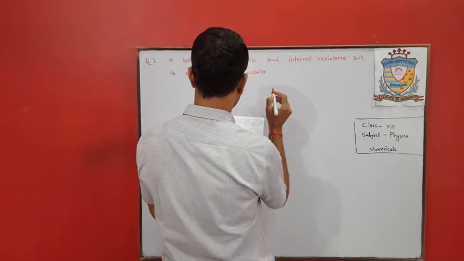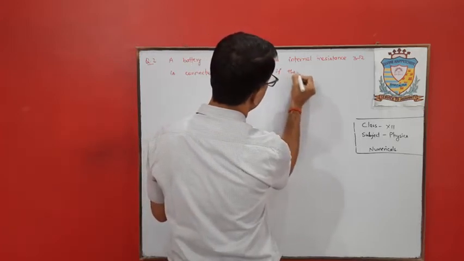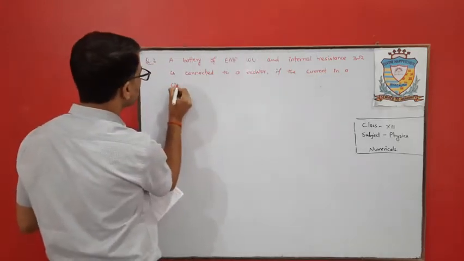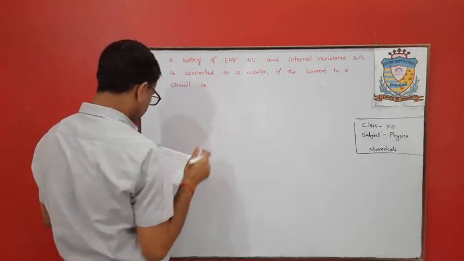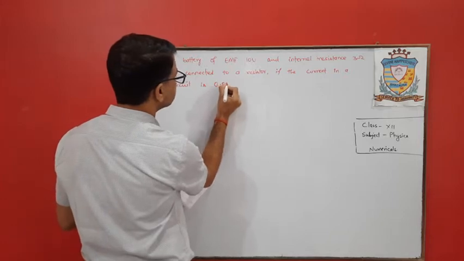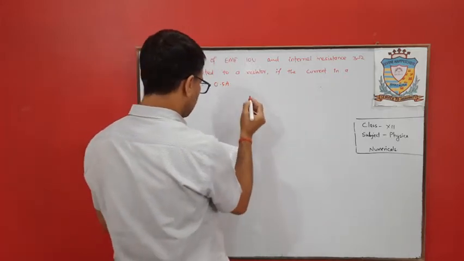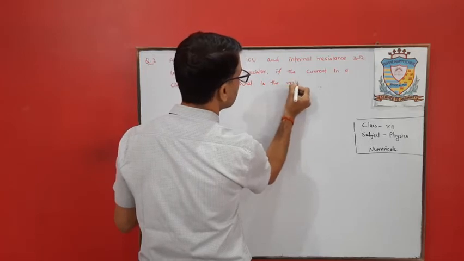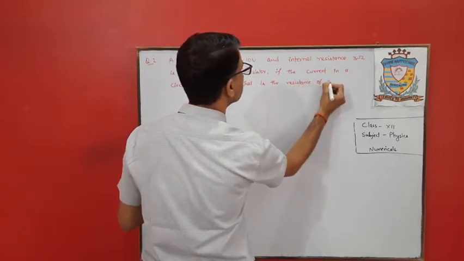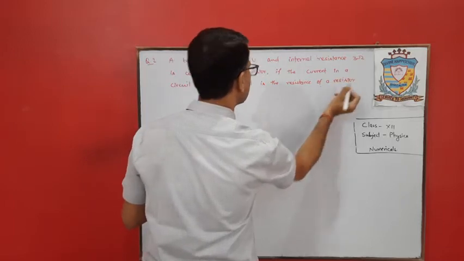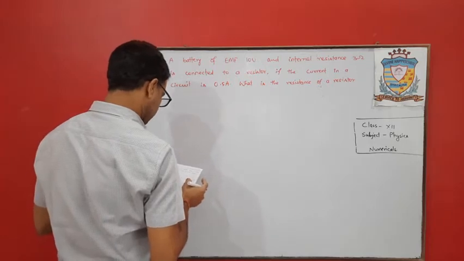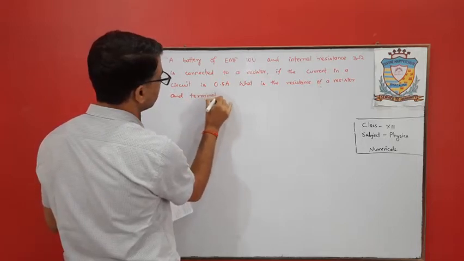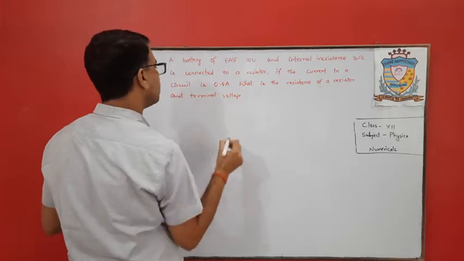If the current in the circuit is 0.5 ampere, what is the resistance of the resistor and the terminal voltage?